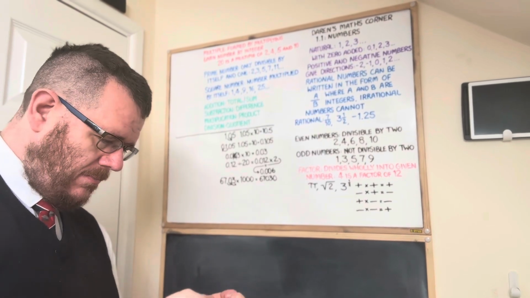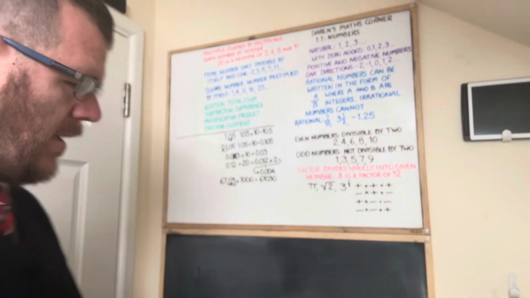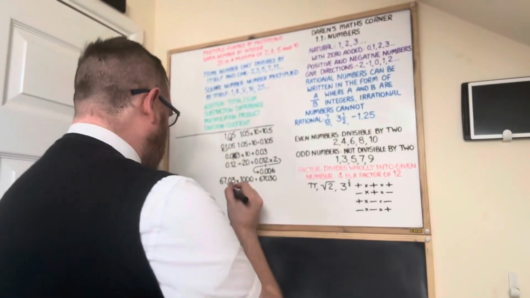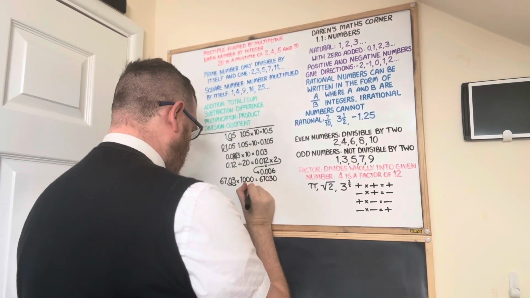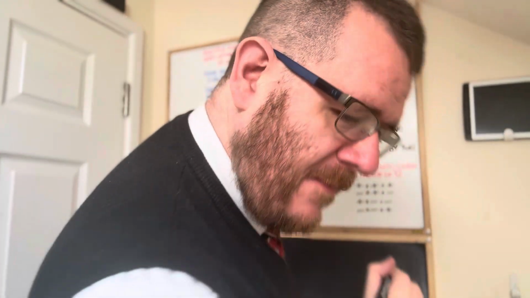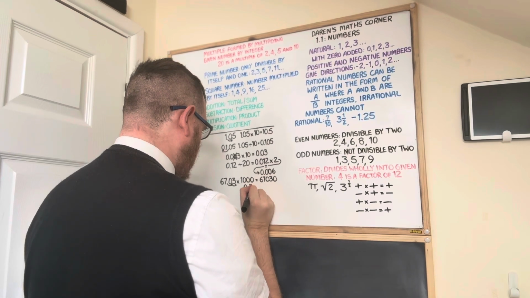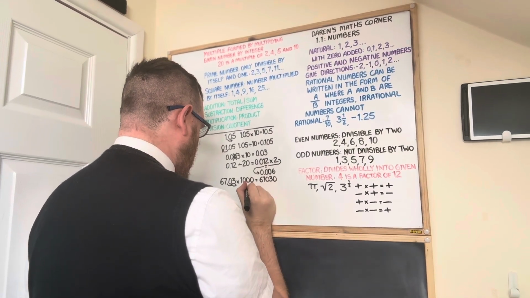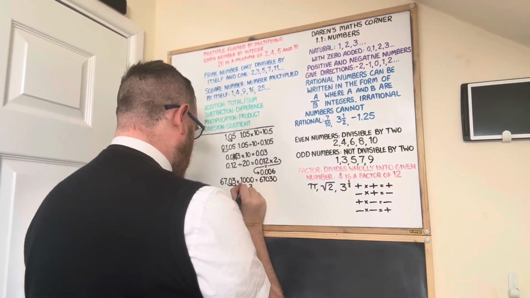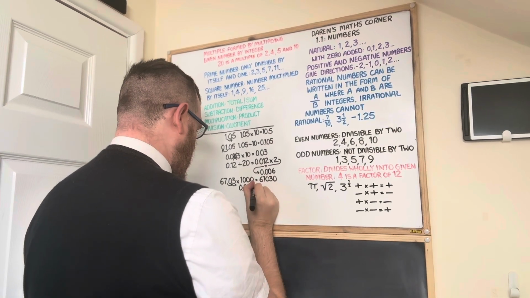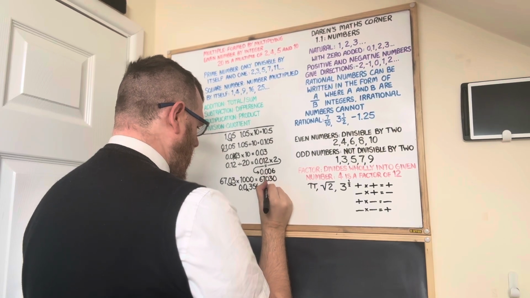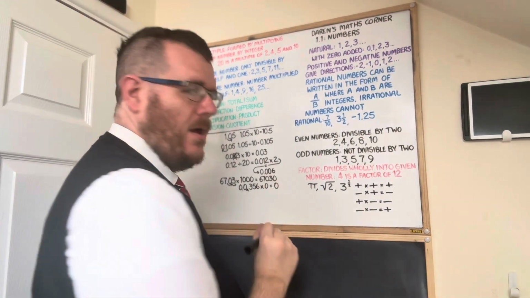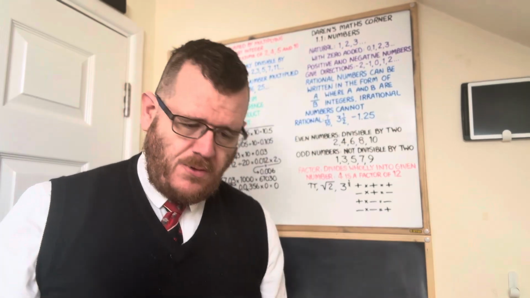Yeah, that's fine. And then we've got 4. Yeah, this is going to be an interesting one. 0.356. Which is 0, because anything divided by 0 is 0.